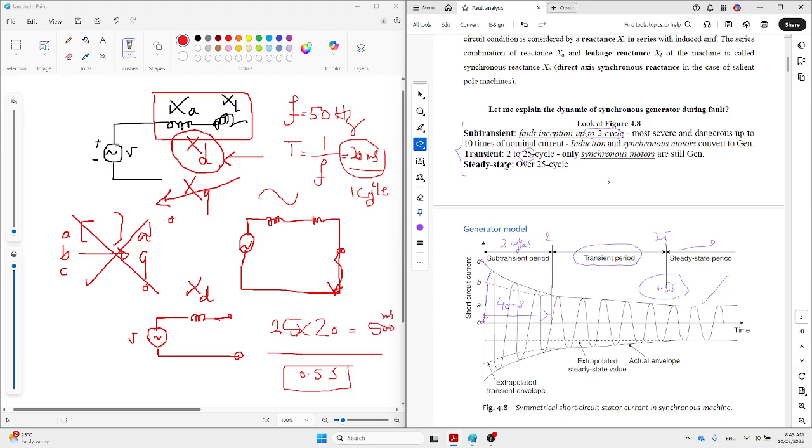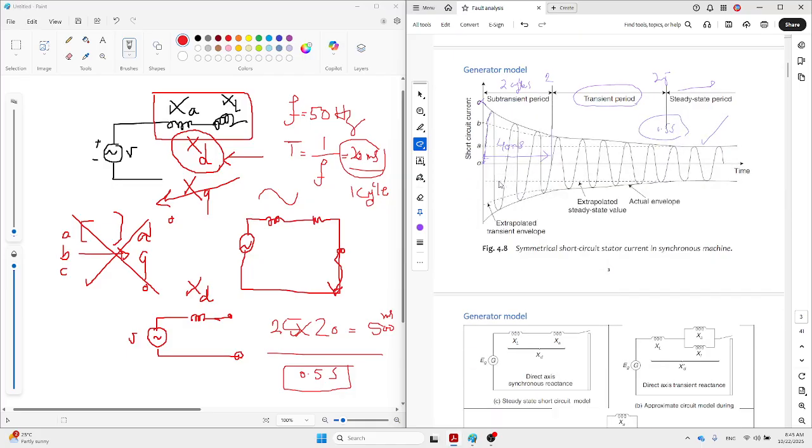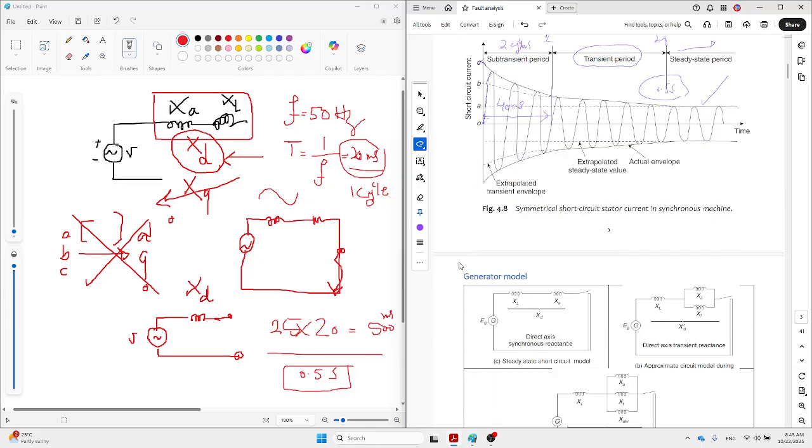Again, I will return to the names subtransient, transient, and steady state, because of the operation of the generators. Different generators, at different timings, during a fault produce different conditions. Again, return to the generator model.